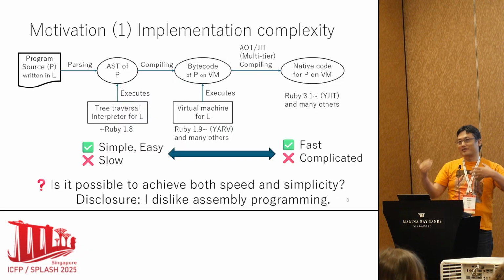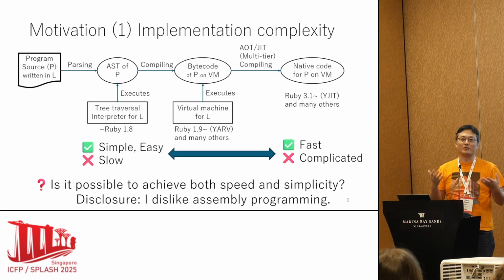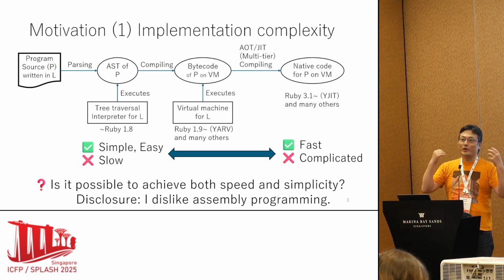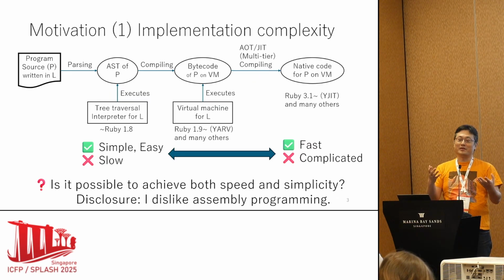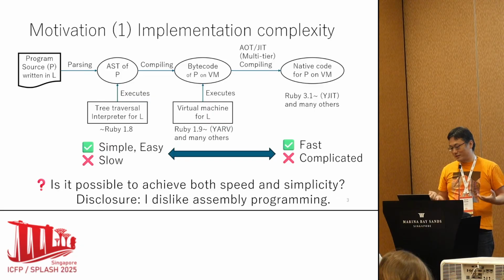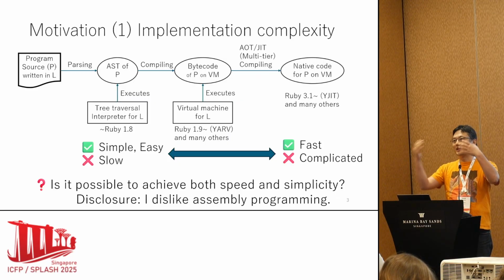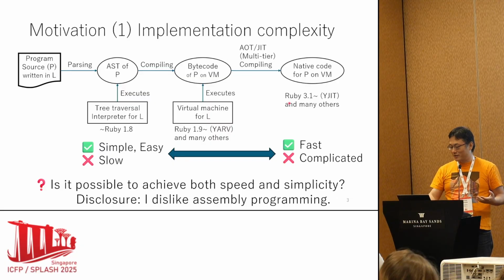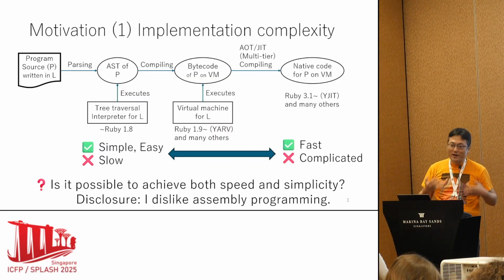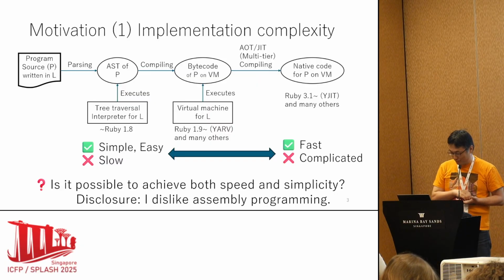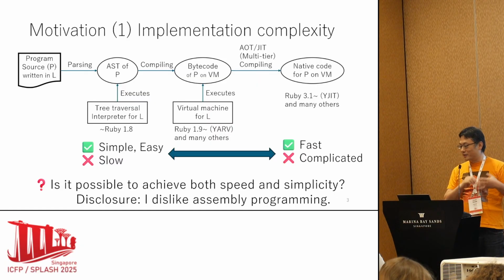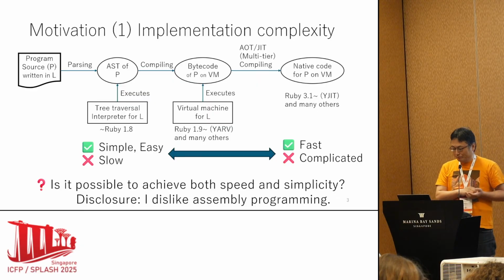It is easy to develop, but it is too slow. So most programming languages invented the virtual machine. After that, the virtual machine is also slow, so we make native code translation by JIT, just-in-time compilation, which was introduced in Ruby 3.1.